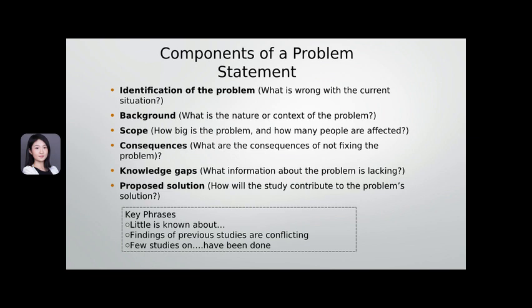Prior findings provide evidence supporting the assertion in the problem statement and suggest a gap in knowledge. Some key phrases are often used, such as, little is known about blah blah blah. Findings of previous studies are conflicting. Few studies on blah blah blah have been done. It is usually clear and concise information.